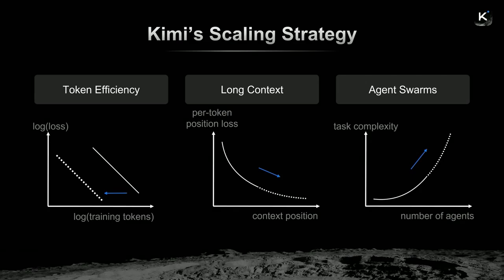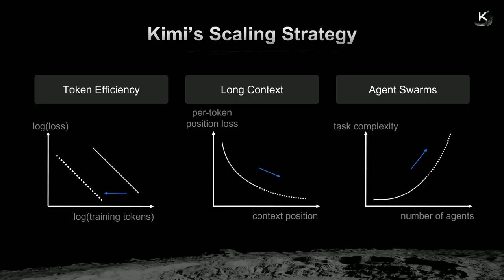On the left-hand side, the first figure you see here is the standard scaling law. On the x-axis, you have the log of the number of training tokens, and on the y-axis, the log loss. As you scale the number of training tokens, you get a lower loss.